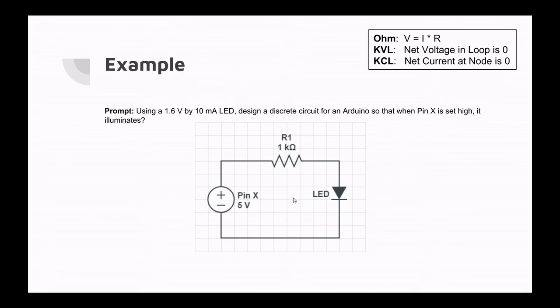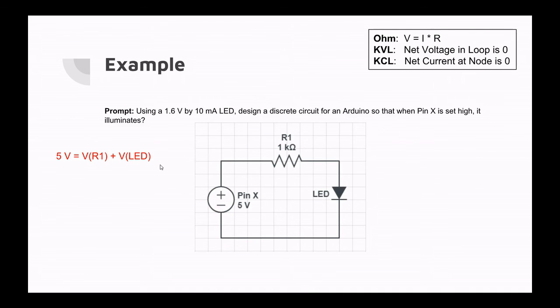Also, due to KVL, we know that the net voltage in the loop must add up to 0. We have one voltage source here, pin X, supplying 5 volts. Hence, the voltage in R1 and the LED must add up to 5 volts as well. So we can use KVL to write an equation: 5 volts equals voltage R1 plus voltage LED.